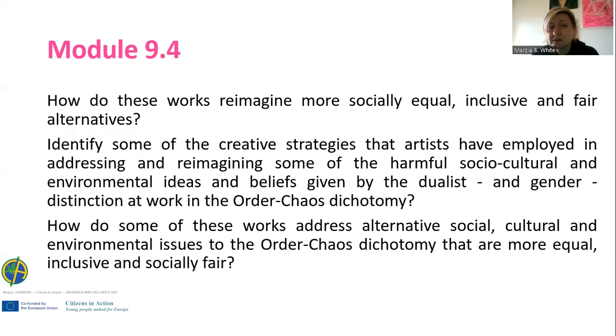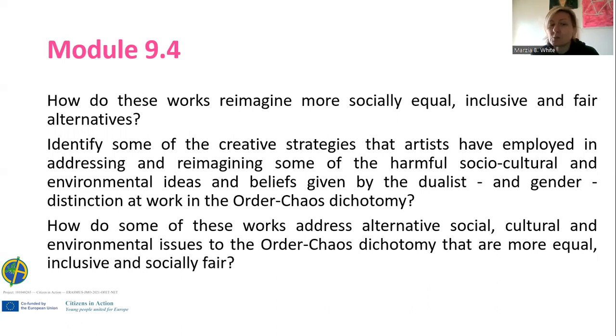How do these works reimagine more socially equal, inclusive, and fair alternatives? Try to identify some of the creative strategies that artists have employed in addressing and reimagining some of the harmful social, cultural, and environmental ideas and beliefs given by the dualist and gender distinction at work in the order-chaos dichotomy.